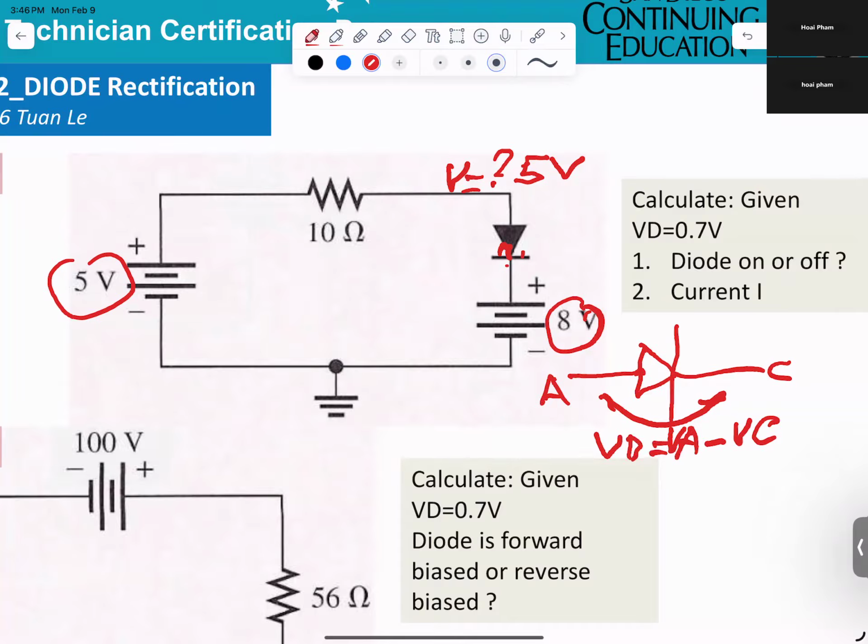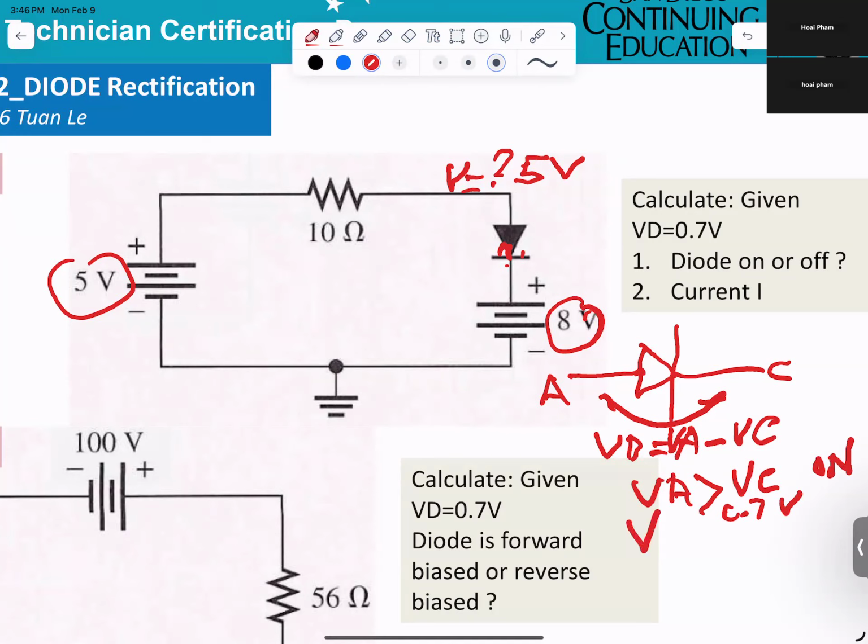Okay? If VA is greater than VC by 0.7 volt, the diode will be on.